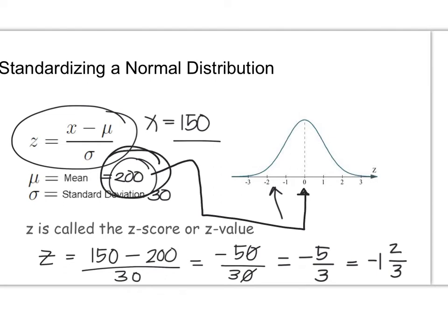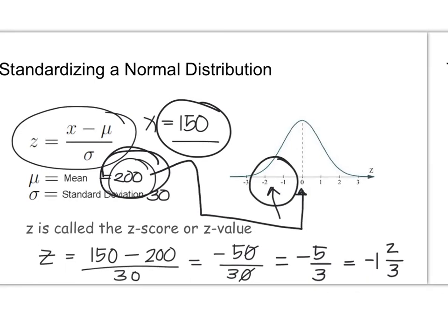The center of the normal distribution becomes 0, and the value 150 will now be located at -1 and 2/3. As we can see, it is consistent because 150 is on the left of 200. Therefore, the z-value of 150 should also be at the left of 0, which is the new mean.